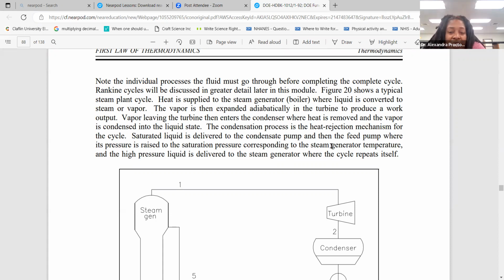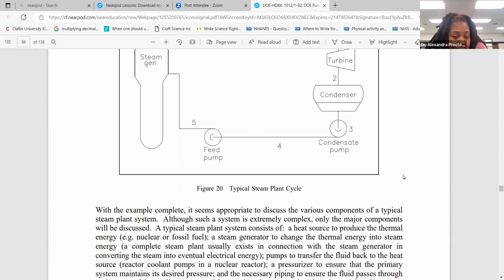The condensation process is heat rejection for the cycle, and the saturated liquid is delivered to the condensate pump, and then the feed pump, where its pressure is raised to the saturation pressure corresponding to the steam generator temperature, and the high pressure liquid is delivered to the steam generator, where the cycle then repeats itself.